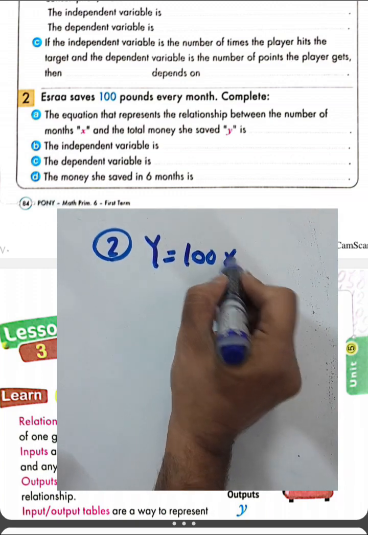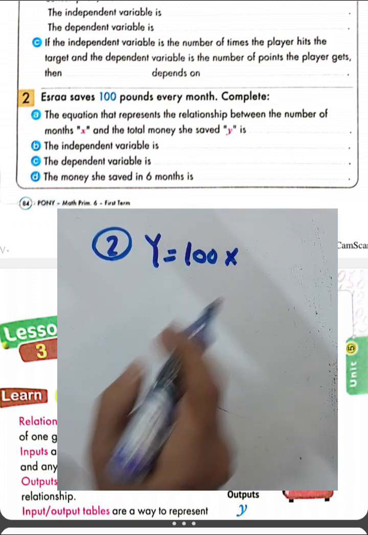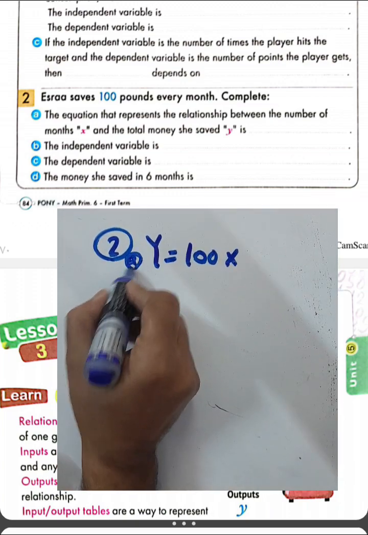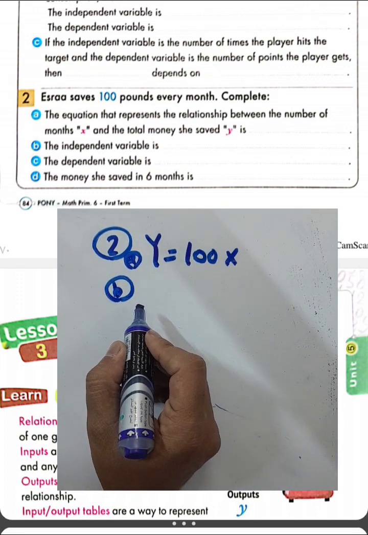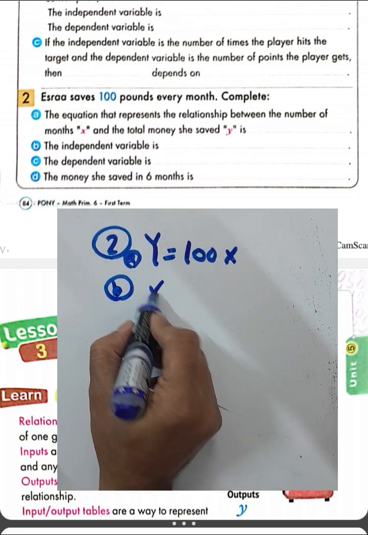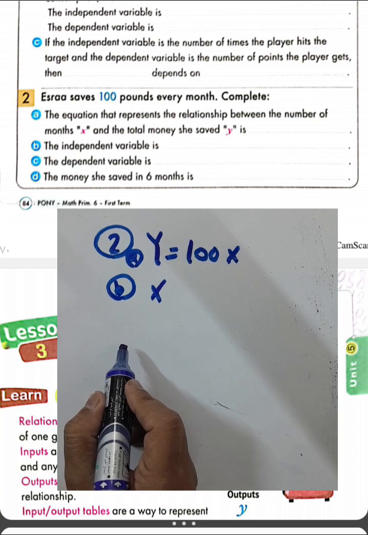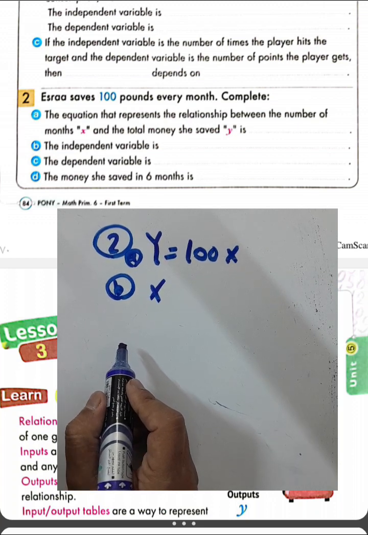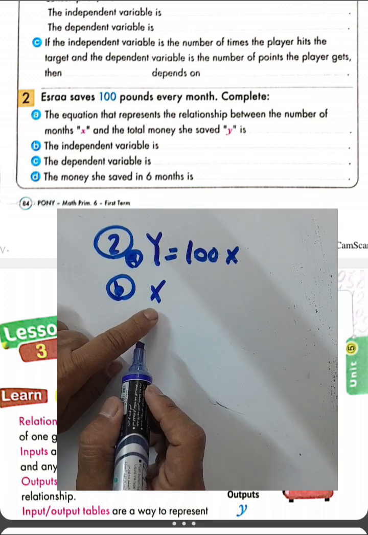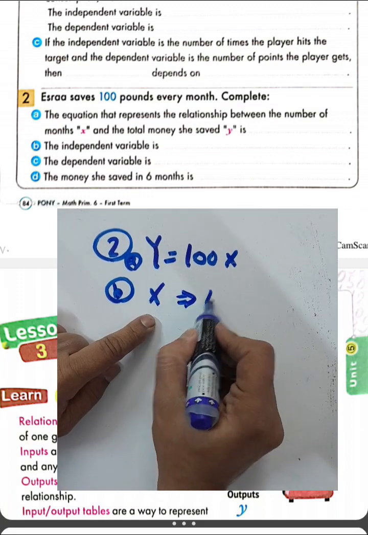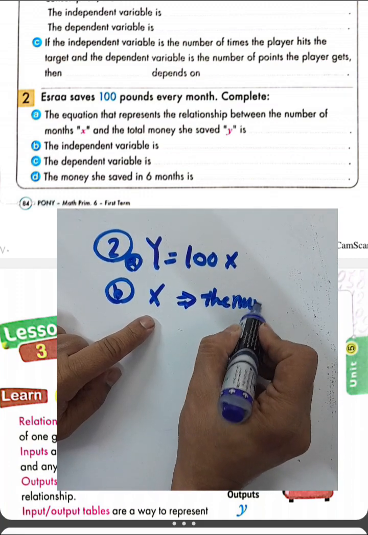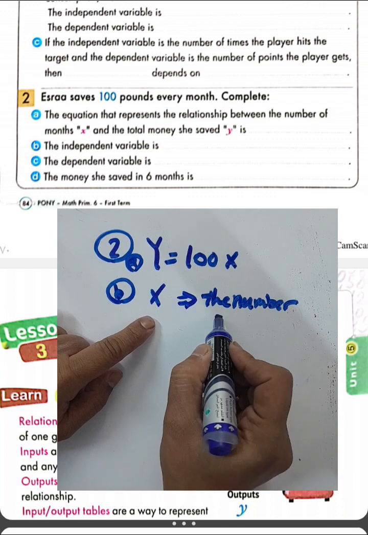X refers to the number of months. That was letter A. Letter B. The independent variable here will be x, the number of months.